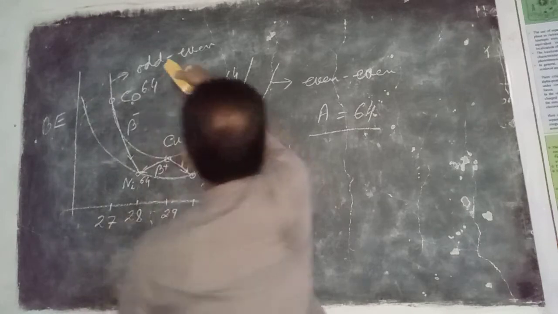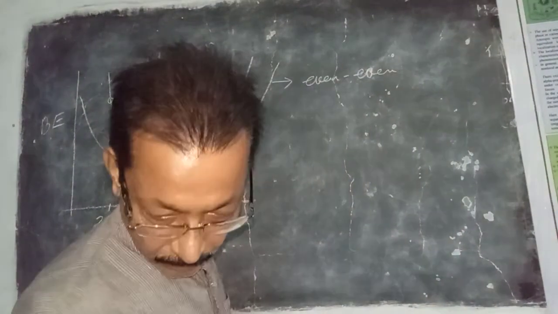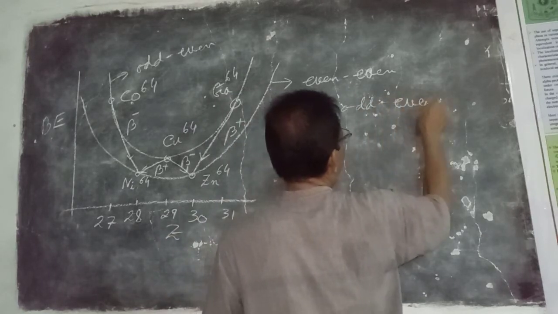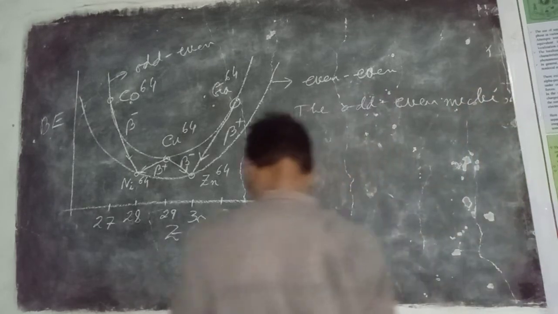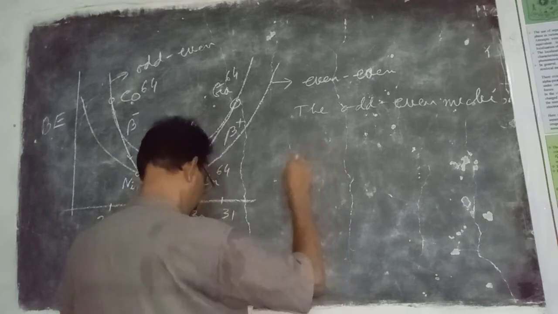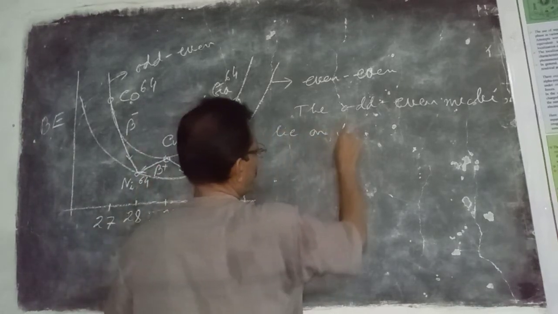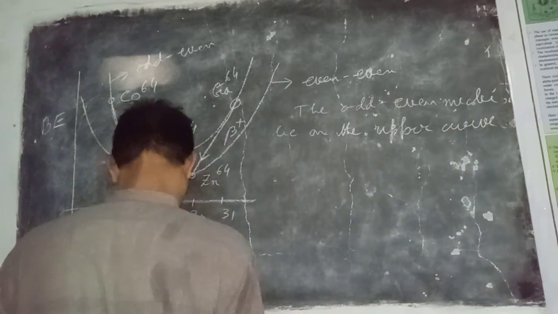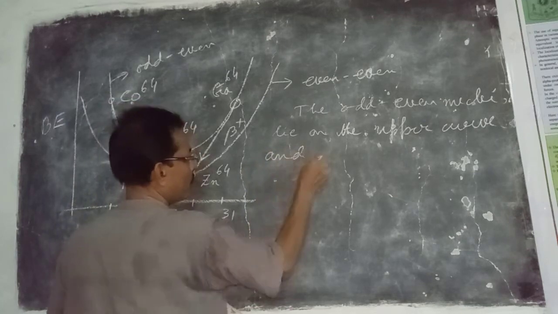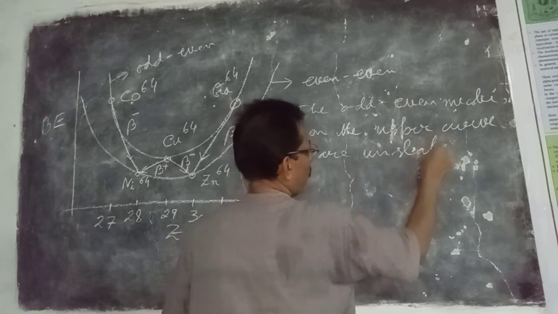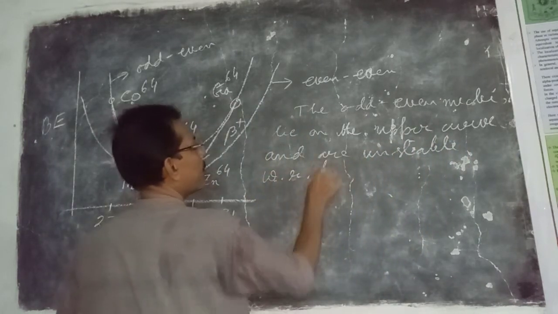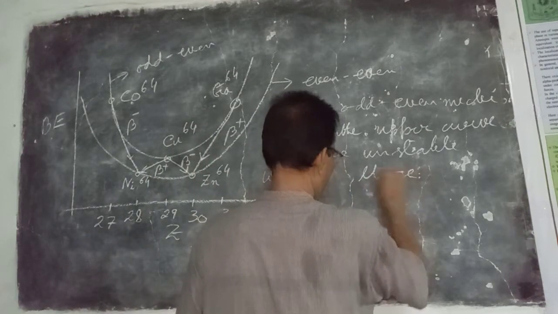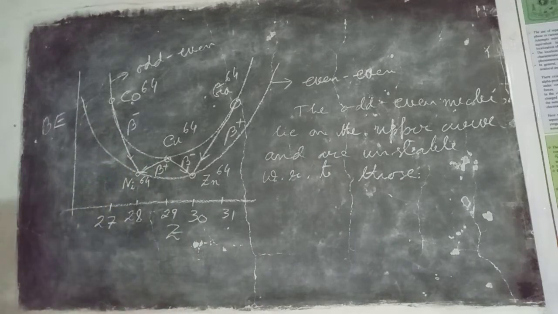The odd Z even A nuclei lie on the upper term and are unstable with respect to those on the lower term.